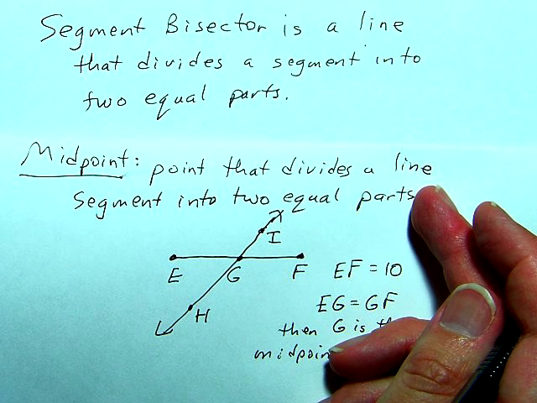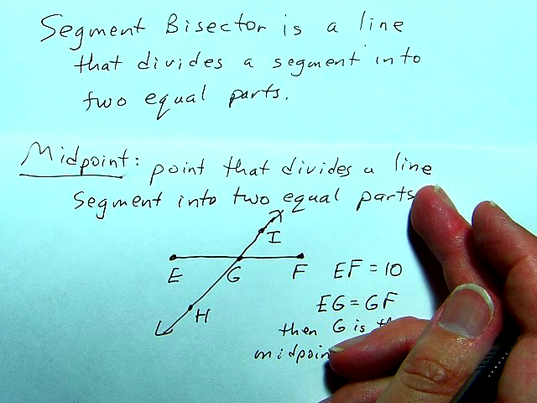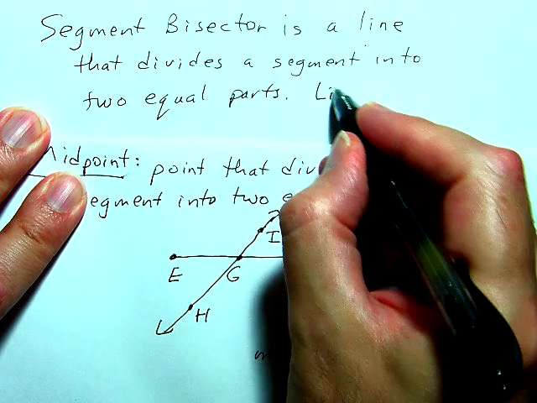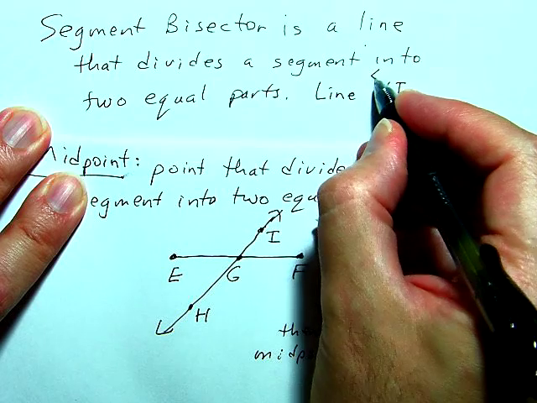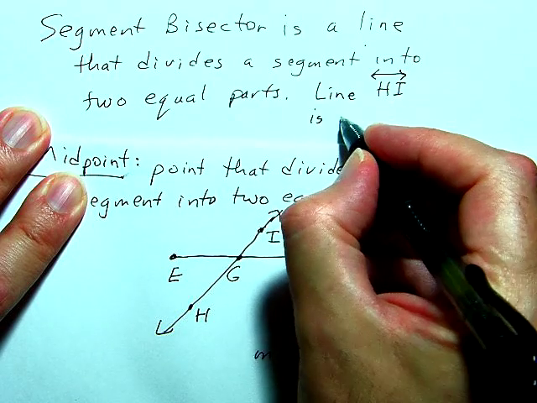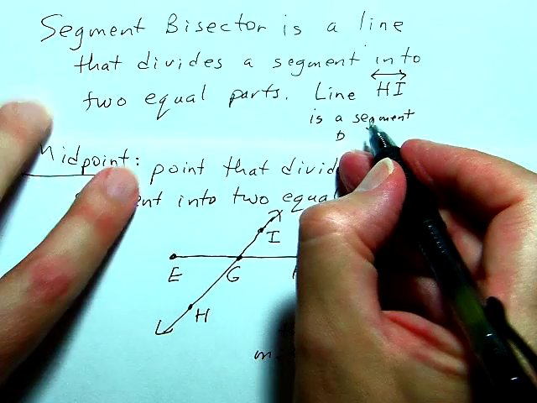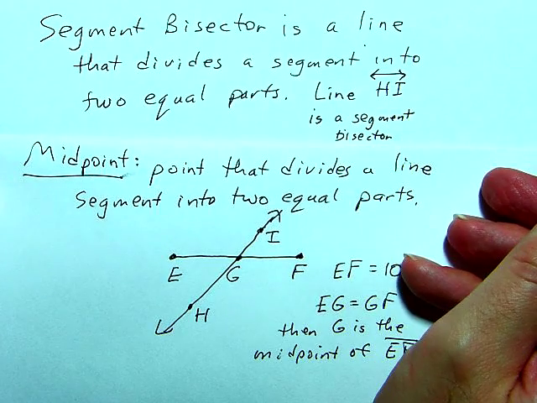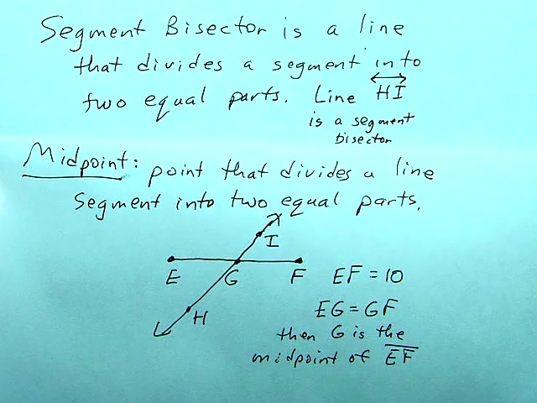Now we have a line that is dividing segment EF into two equal parts, and we can say that line HI in this diagram is a segment bisector, because it is dividing EF into two equal parts.